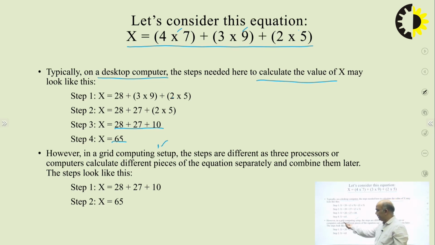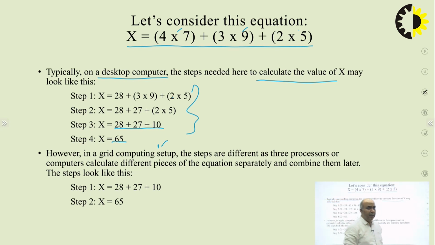However, let us suppose this simple calculation has to be done in grid computing, then how is it going to do it? In grid computing, the steps will be different compared to these steps.